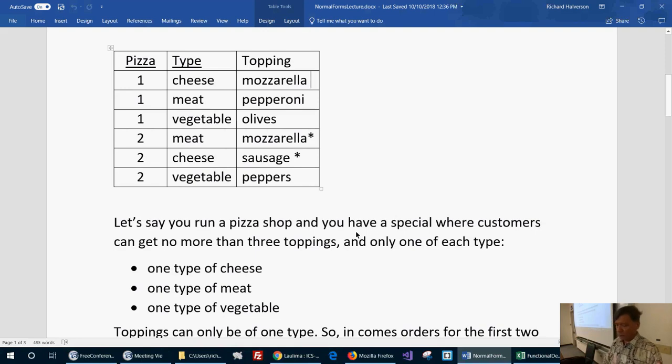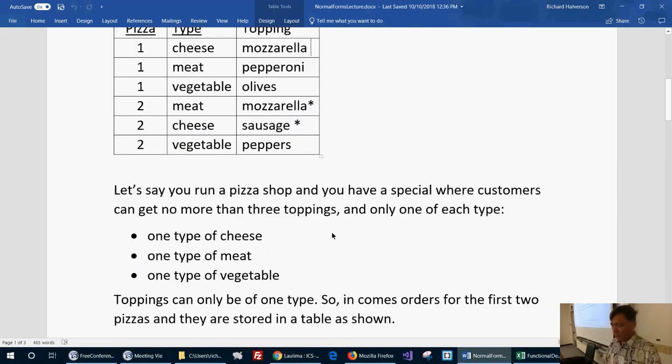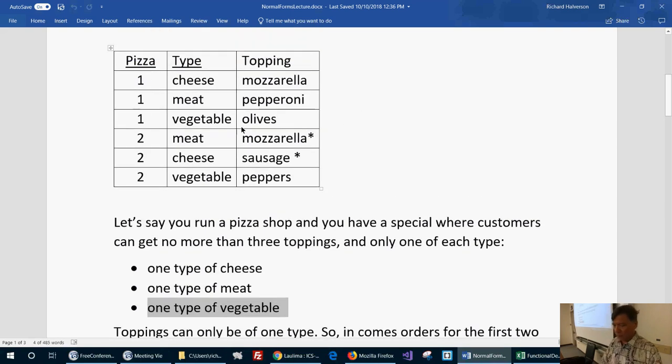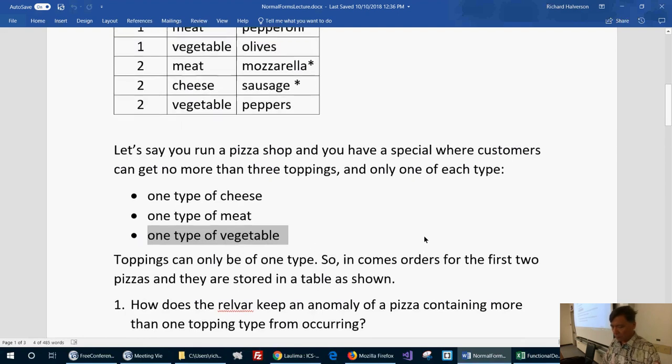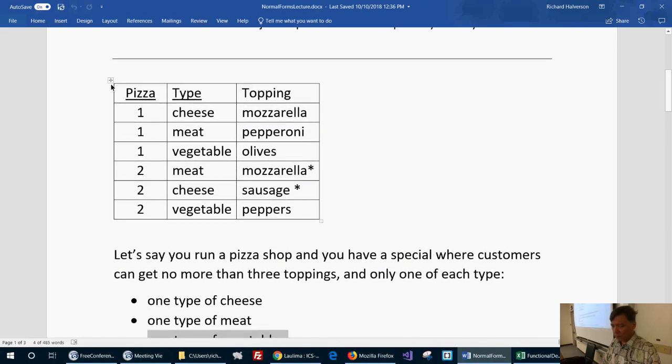You have a special where customers can get up to 3 toppings and only one of each type: 1 type of cheese, 1 type of meat, and 1 type of vegetable. When the orders start coming in, they're stored in a table like this.